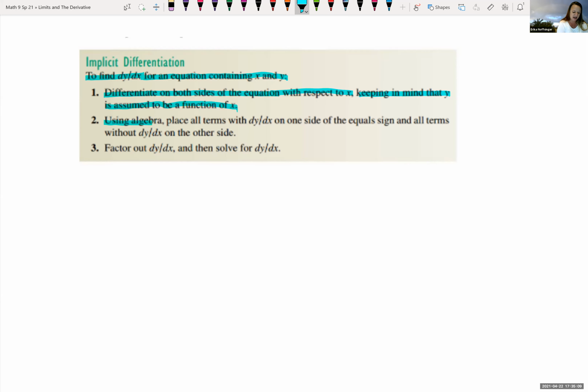And so using algebra, we're going to place terms with dy dx on one side of the equation sign and all the terms without dy dx on the other side. Then once we've gotten all the terms with dy dx on one side, we can factor that out. Once we factor that out, there shouldn't be any other terms with dy dx in it, and we can divide by the factor piece and get dy dx by itself.